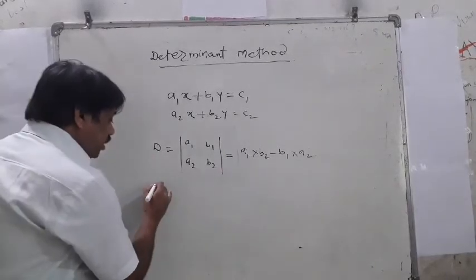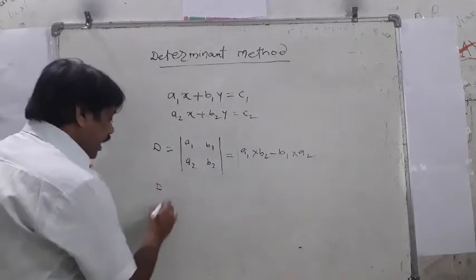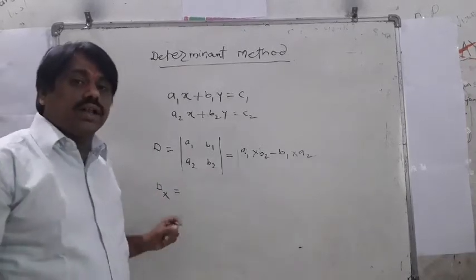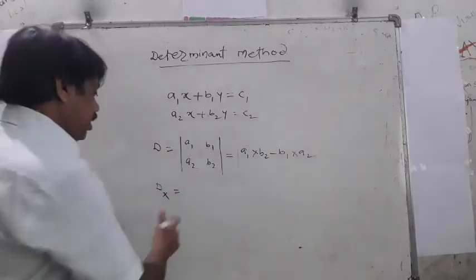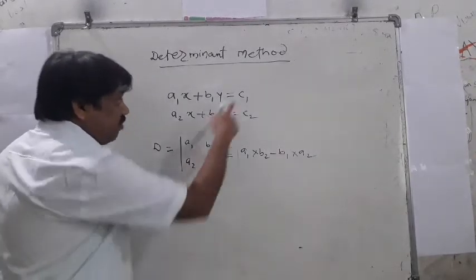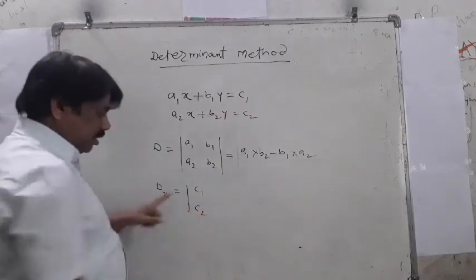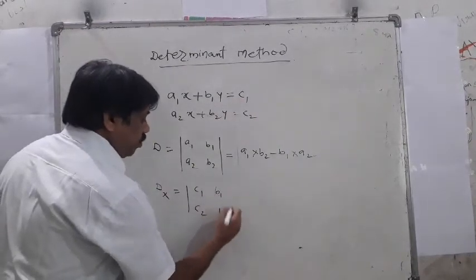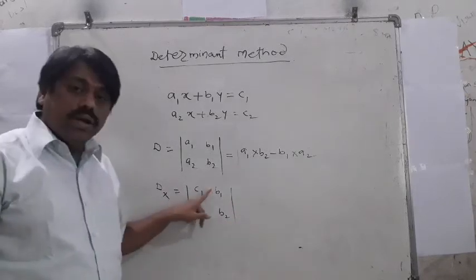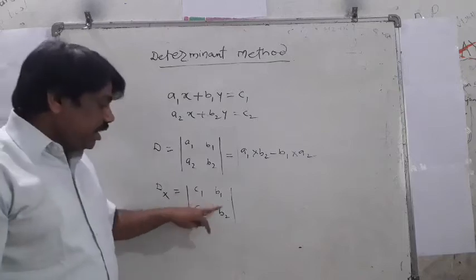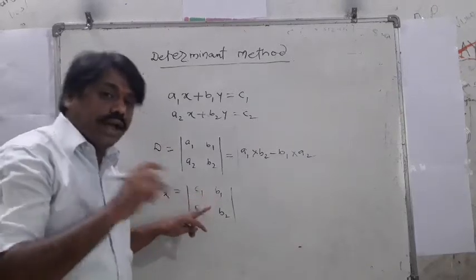Now, there is another one, and that is Dx, the determinant of the x variable. For Dx, we write c1, c2 and then b1, b2. In the first column, constants are written; in the second column, coefficients of y are written.